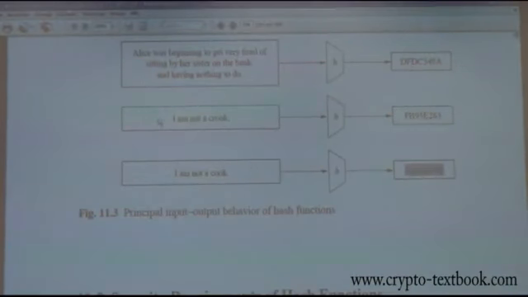What is also important here: "I'm not a crook," ich bin kein Betrüger, and then "I'm not a cook," which looks and sounds almost the same. What I'm trying to convey with this picture is that if you look at this output and this output, the output should completely change. This should be very sensitive. One bit flip in the beginning, and you should get something completely different out. So these are the first three requirements, a little bit security.